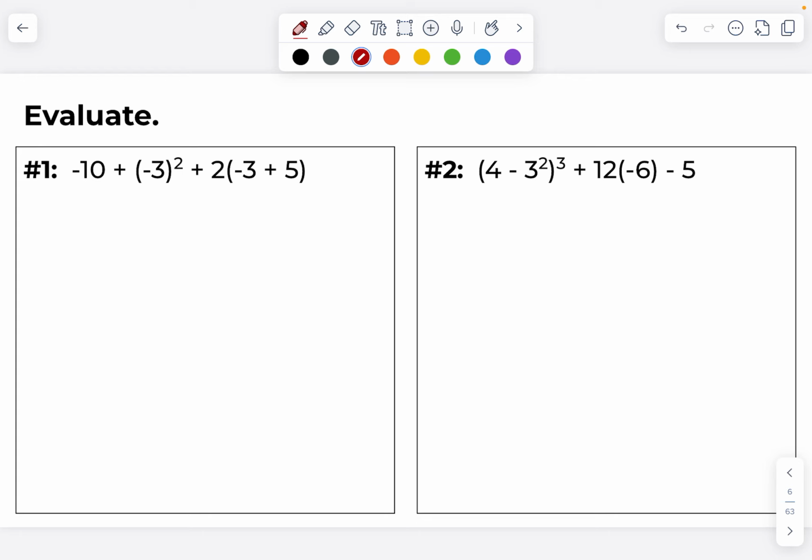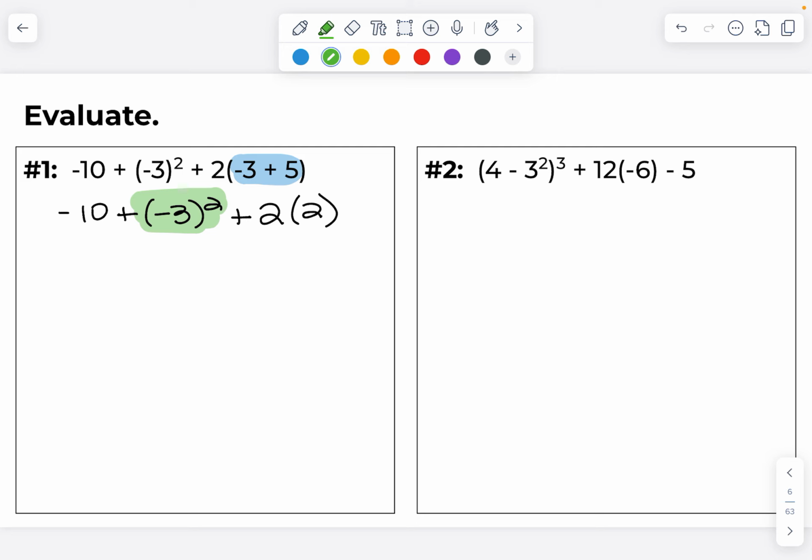So if I look at this first statement, I'm going to start with, again, my parentheses. So I'm going to start by simplifying this statement right here. I'm going to rewrite everything else as is, and I'm going to simplify that -3 plus 5, and that gives me a +2. Okay, so from here, if I look at what needs to be simplified next, I see that I have an exponent.